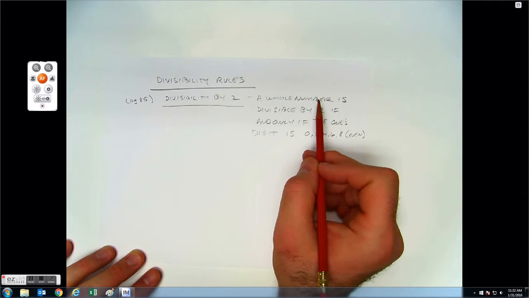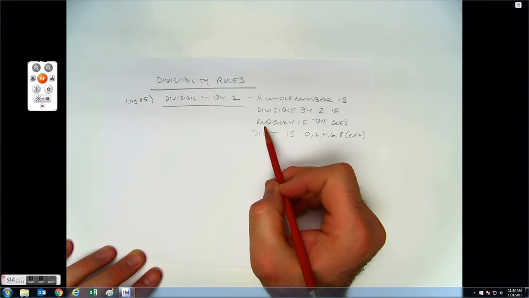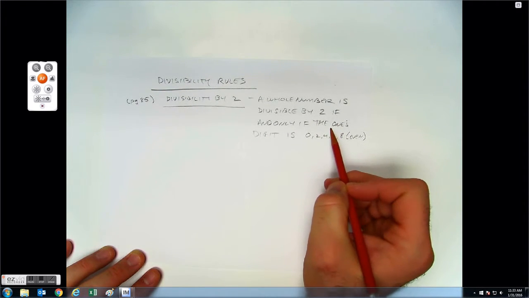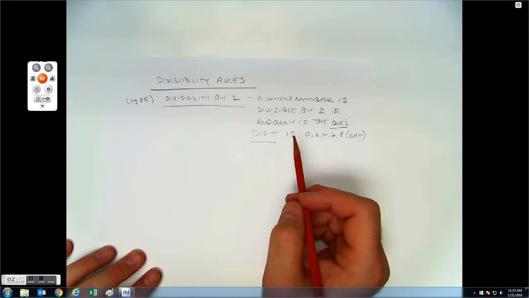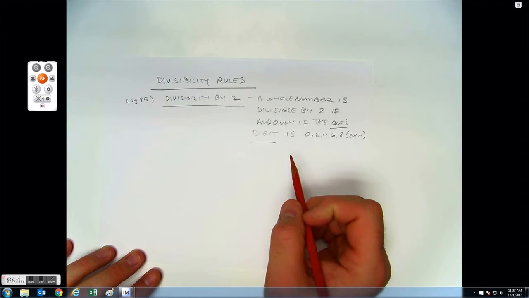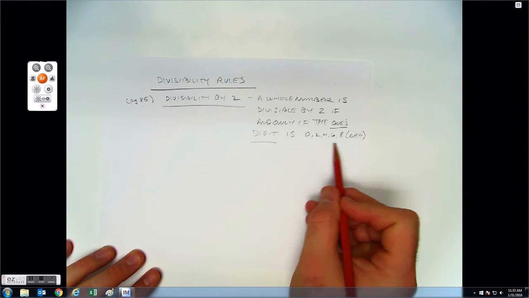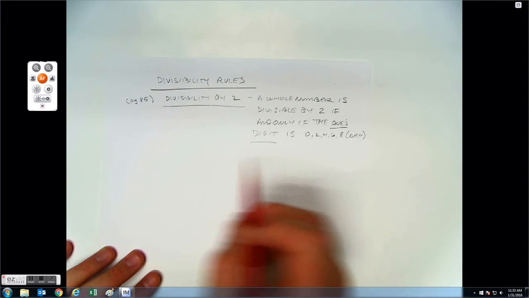Okay, so now look, a whole number, we know what a whole number is, is divisible by 2 if and only if the ones digit. Now notice we've talked about place value, so we know where the ones digit is, and it has to be one of these 5 even numbers.